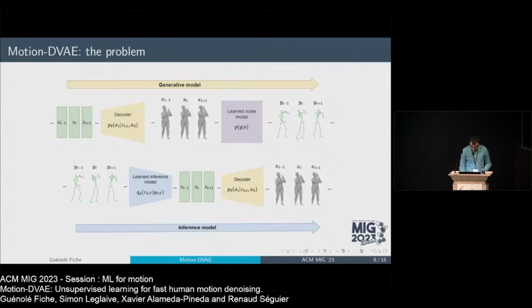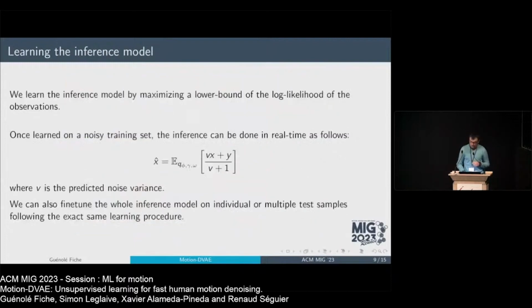So the inference model is learned by maximizing a lower bound of the log likelihood of the observations, so in an unsupervised way. And once we learn the model, we can do inference in real time with this formula. So in this formula, V is the predicted noise variance.